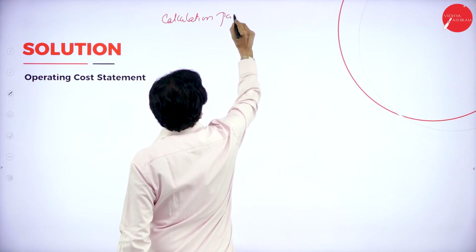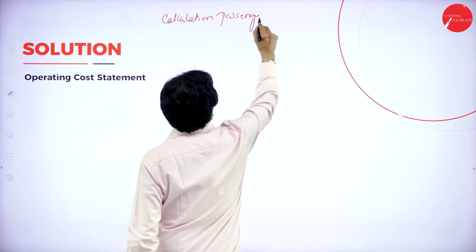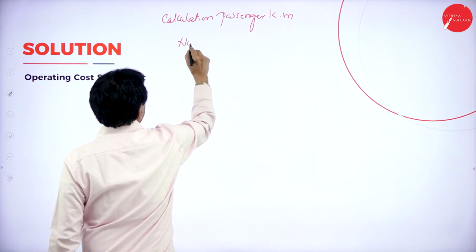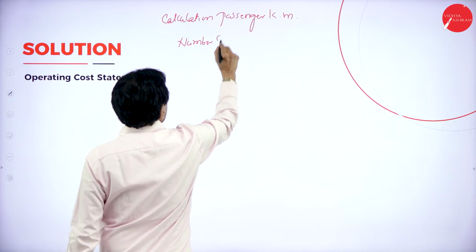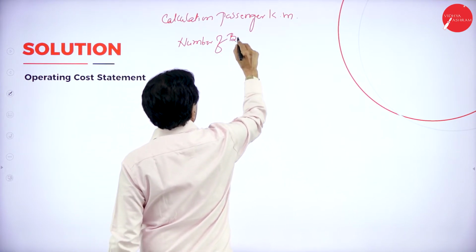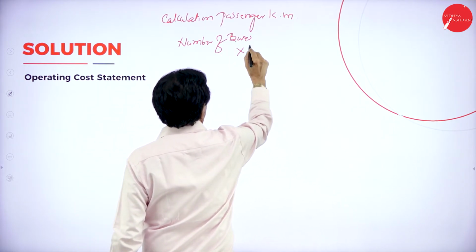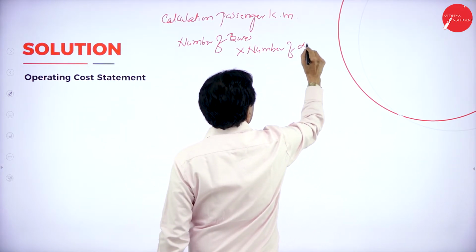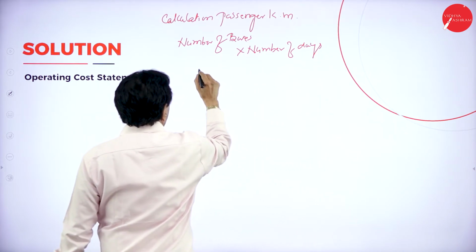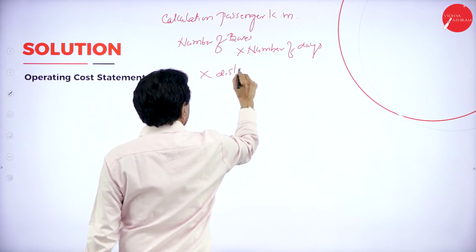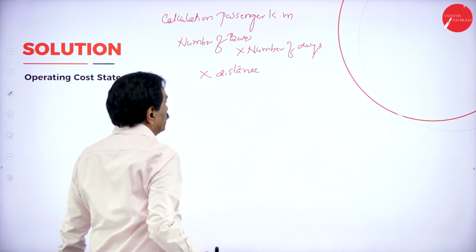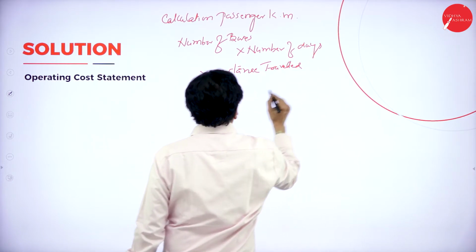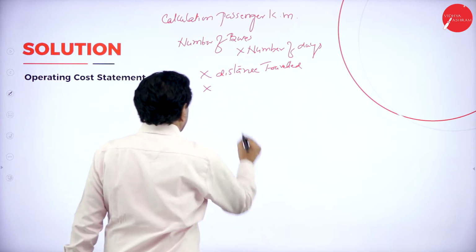Passenger kilometer. What's your formula? Number of buses into number of days into distance traveled into seating capacity.